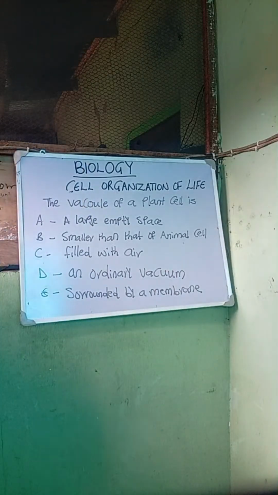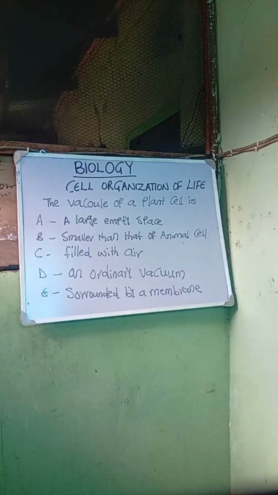Drop the answer, please. Let's get it. The vacuole of a plant cell is a large empty space. You think this is a JAMB question though? I'm waiting for the answer.